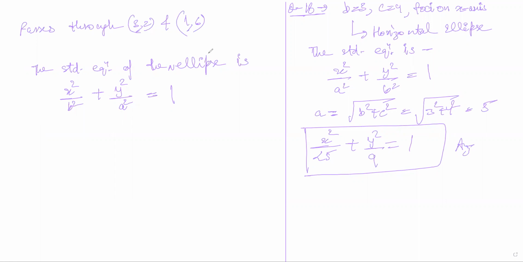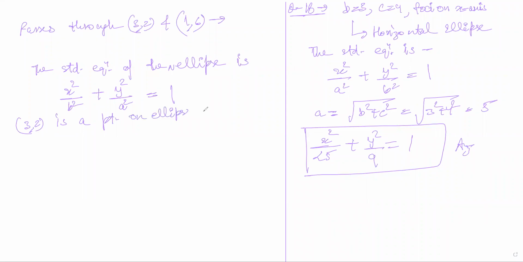So we need two variables. We are given two equations because it passes through 3,2 and 1,6. Hence, if I substitute 3 and 2 in the place of x and y respectively, this should satisfy, which implies that 3,2 is a point on the ellipse.